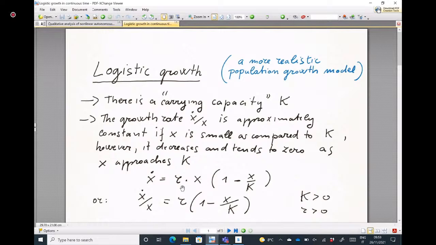By the way, this is separable and it is non-linear, and it is also autonomous. You see, it is separable, but there is no explicit direct dependence on t. It depends only on the level of the population, so it is autonomous. This is the logistic growth model.